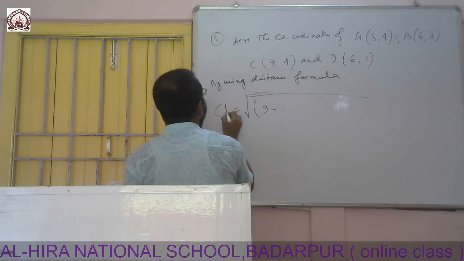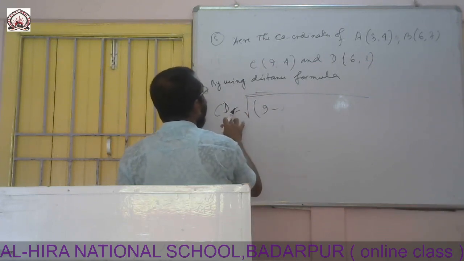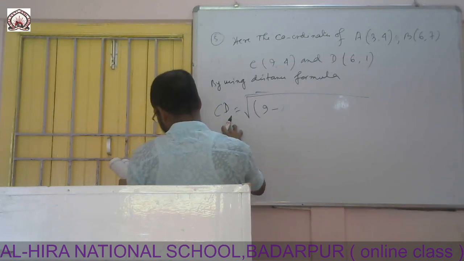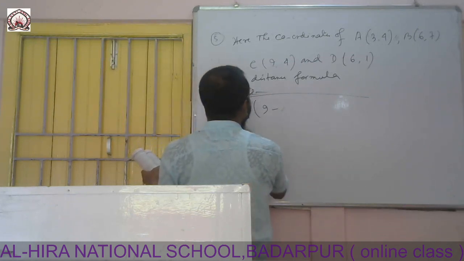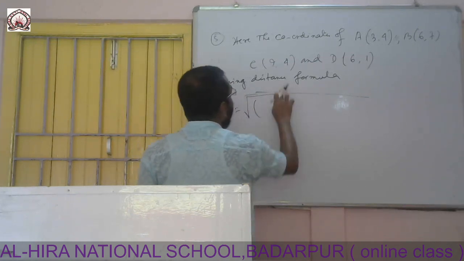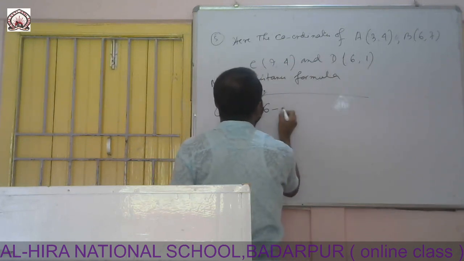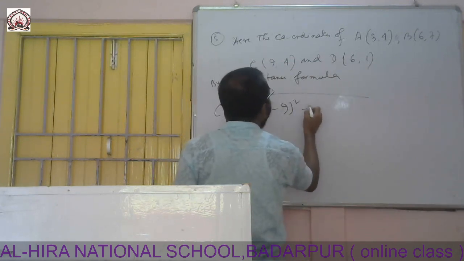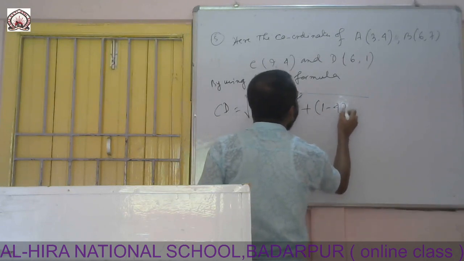CD will be 6 minus 9 whole square plus 1 minus 4 whole square.